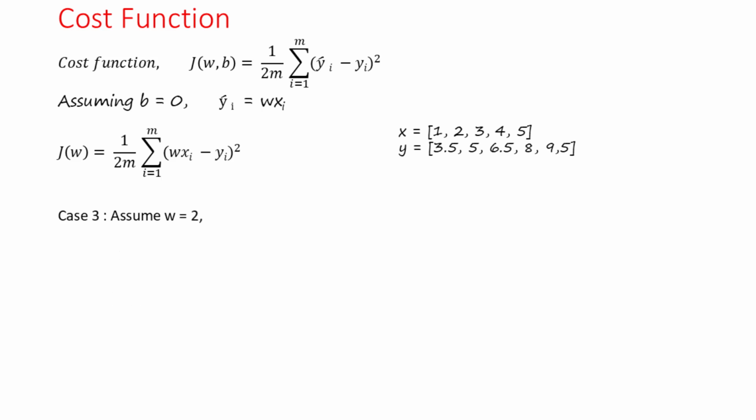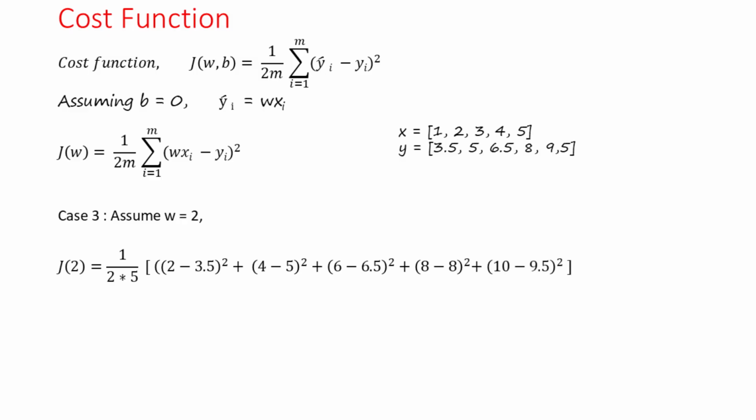So let's have case 3, W equal to 2. J of 2 is equal to 1 divided by 2 times 5, Wx. W is 2, 2 multiplied with 1, that is 2 minus 3.5 squared, plus 2 multiplied with 2, that is 4 minus 5 squared, plus 2 multiplied with 3, 6 minus 6.5 squared, plus 2 multiplied with 4, that is 8 minus 8 squared, plus 2 multiplied with 5, that is 10 minus 9.5 squared.